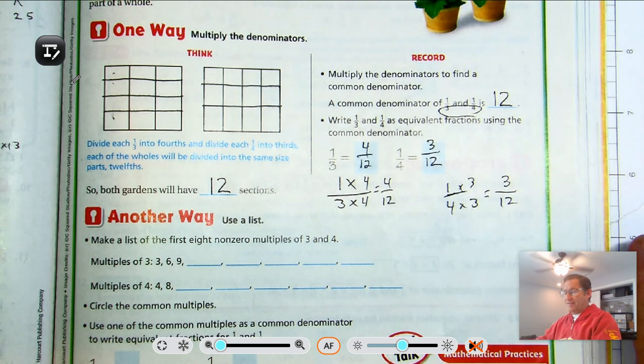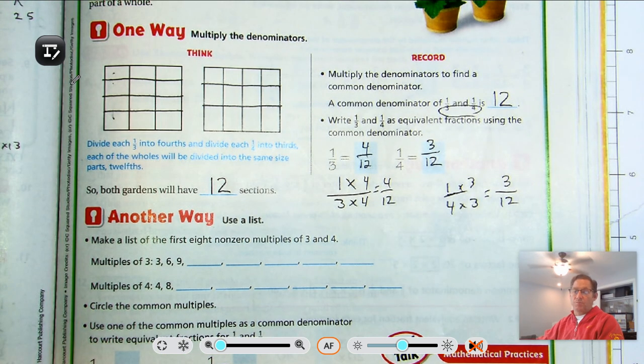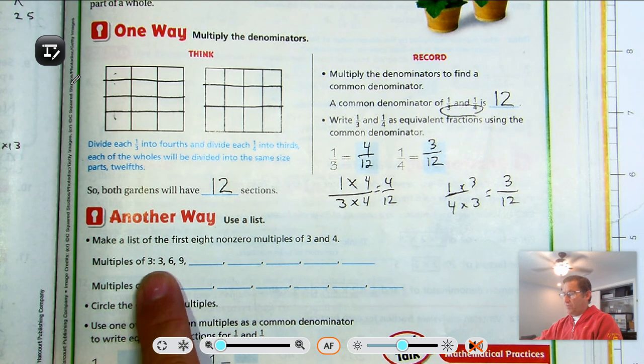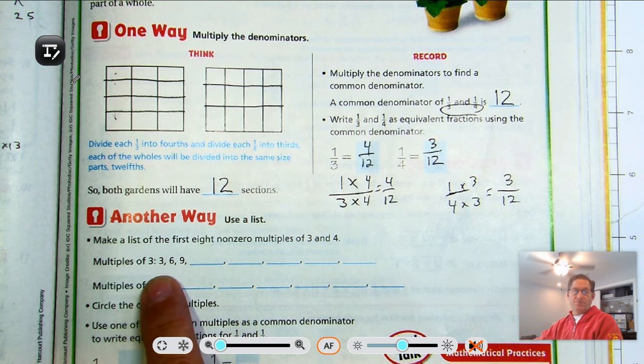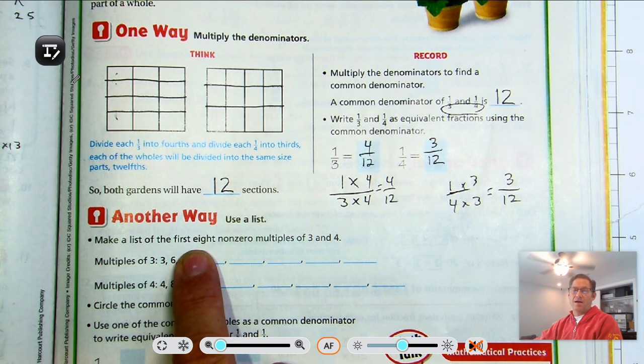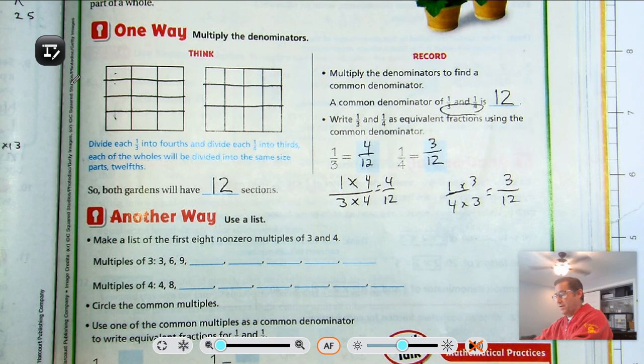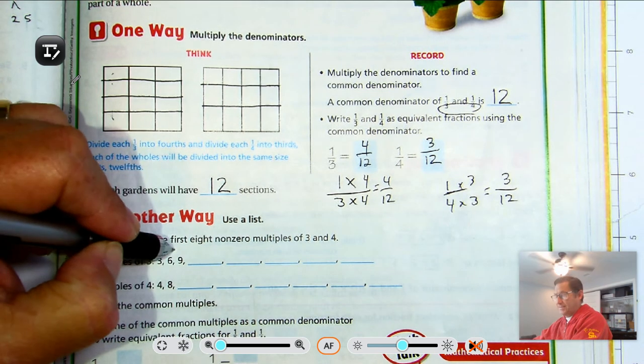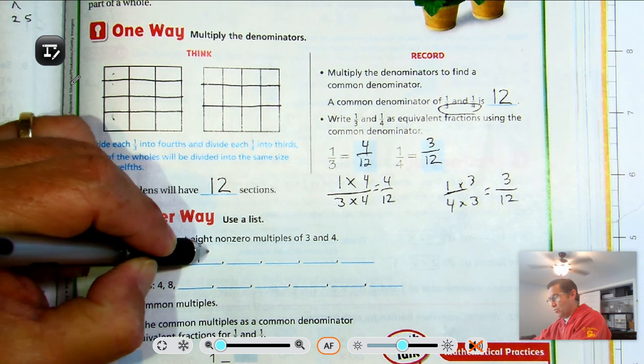Another way is we can make a list of multiples. And so we would list 3 and 4, and then we would just start making a list of it. And they're suggesting using the first 8 non-zero multiples of 3 and 4. So 3, 6, 9, 12.